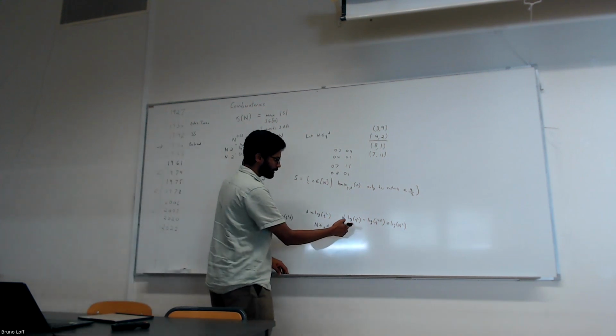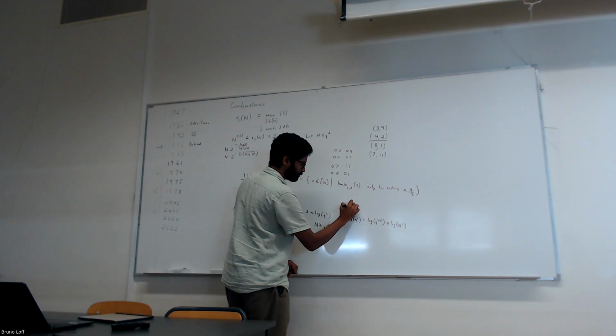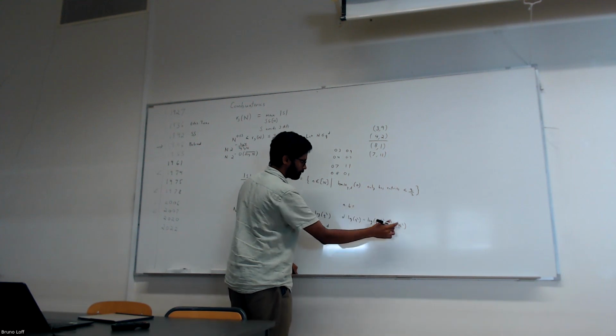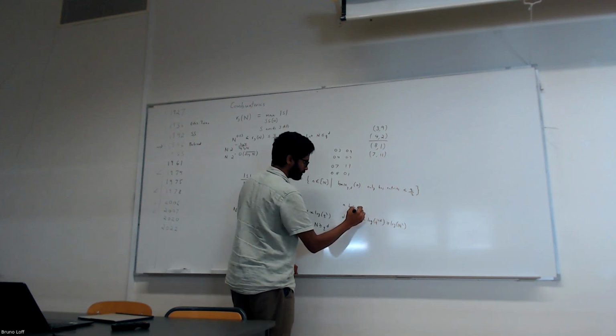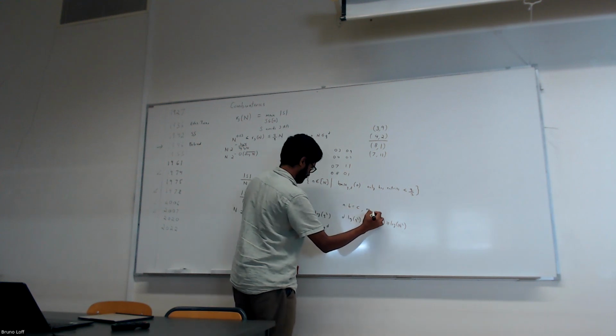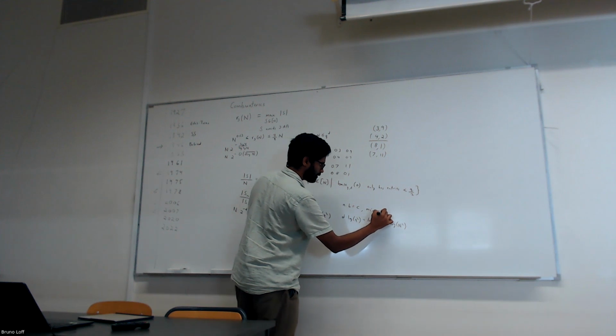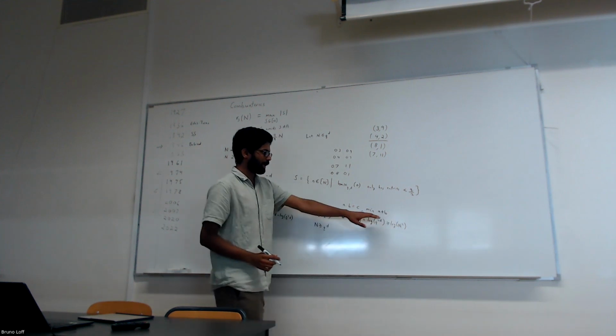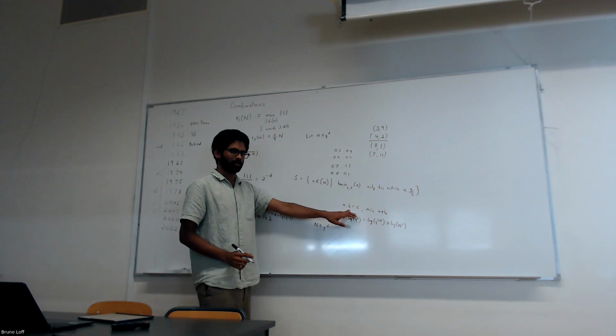So now I'm reducing it to the question: A times B is equal to some known value, let's call that C, and I want to minimize A plus B. This will happen when I set both A and B equal to square roots.